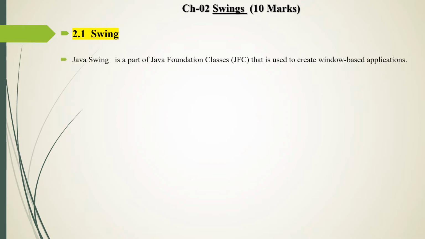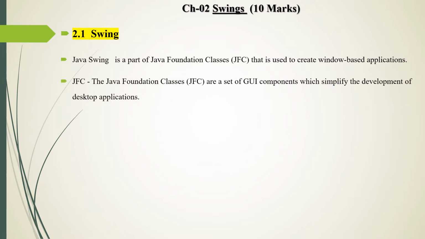Java Swing is a part of Java Foundation Classes that is used to create Windows based applications. JFC, the Java Foundation Classes, are a set of GUI, that is graphical user interface, components which simplify the development of desktop applications.